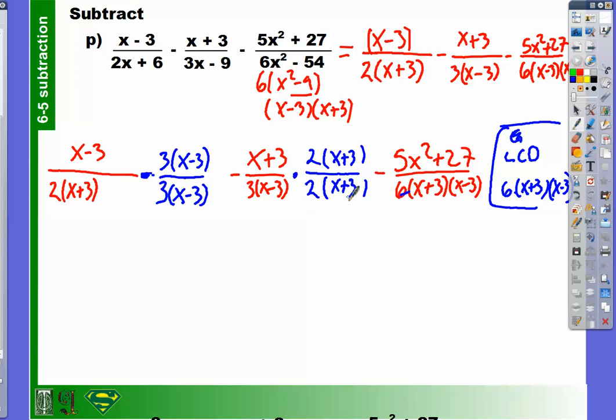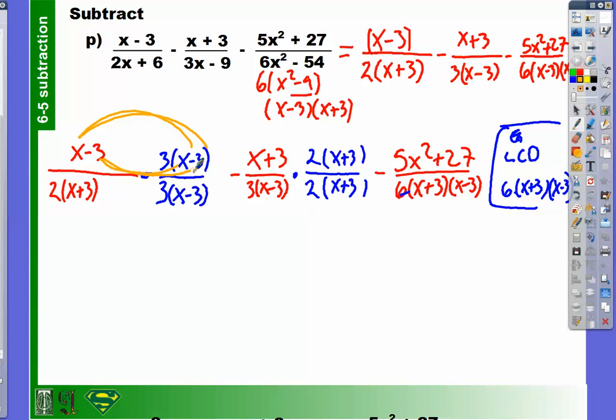Okay, so then I notice that this fraction already has every element in my least common denominator, so I'm good. So now it's time to multiply things out. So x minus 3 times x minus 3. Well, I'm going to have to do my rainbows, smiley faces, FOIL for you old school folks.